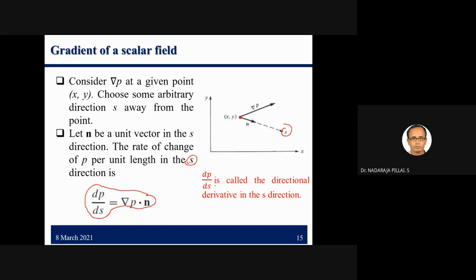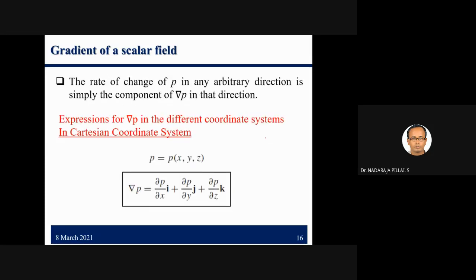What is dP by ds is called the directional derivative in the s direction. And the only thing we need to remember is the expression for del P. How can we represent the gradient of a scalar field, the gradient of the pressure?